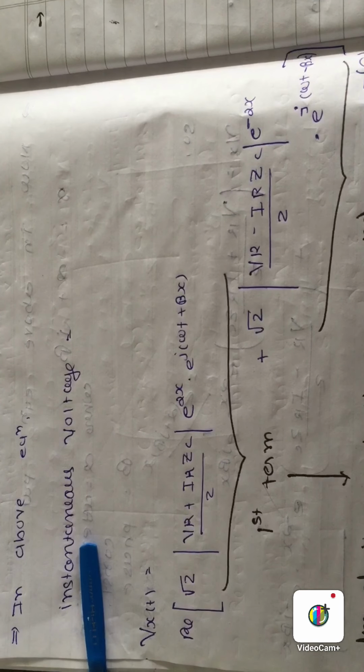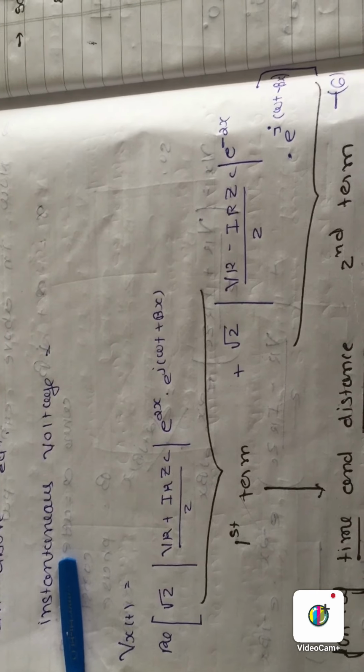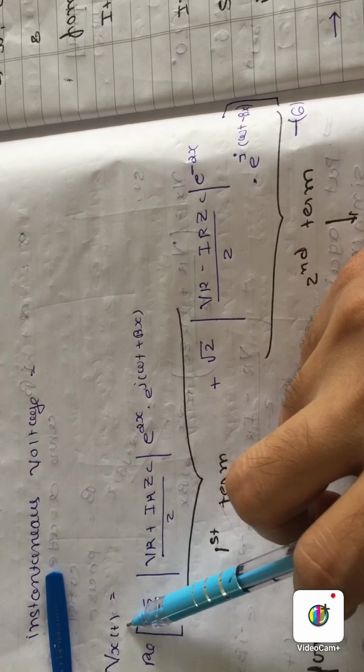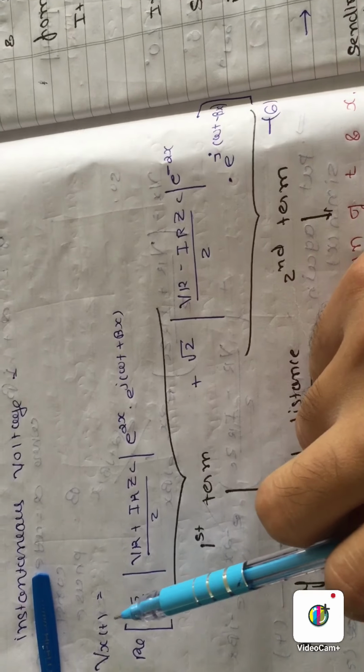Okay, from that equation we will write the equation for instantaneous voltage. Instantaneous voltage means Vx in bracket t, where t means at the instant of time, and that's why it is known as instantaneous voltage.